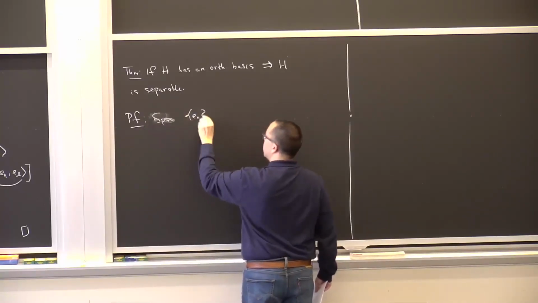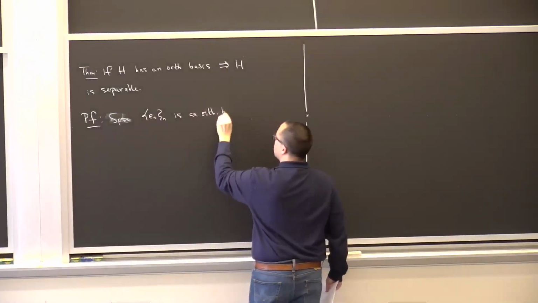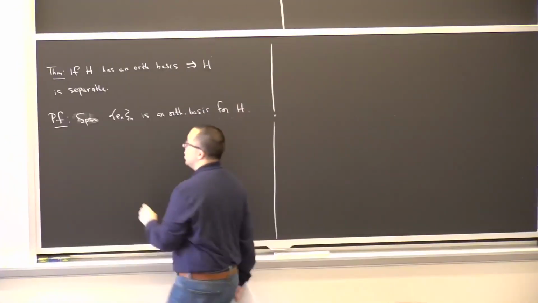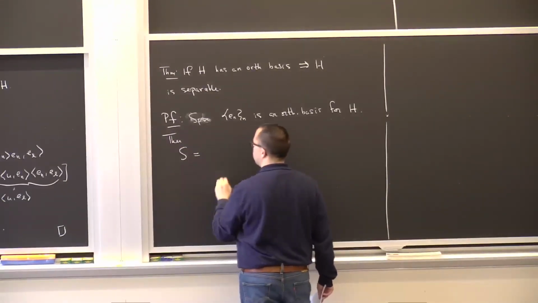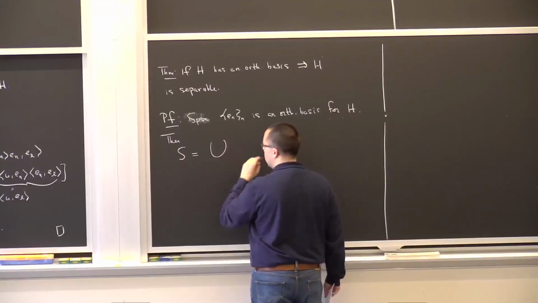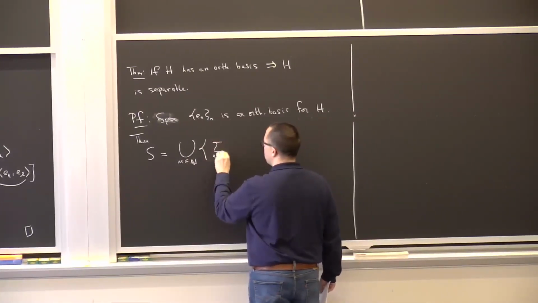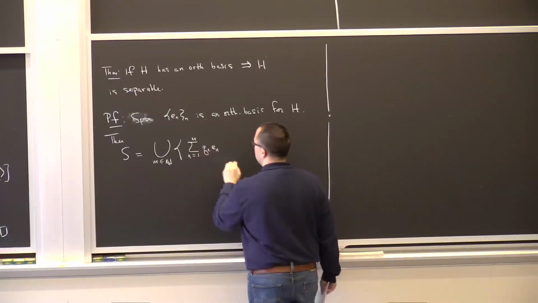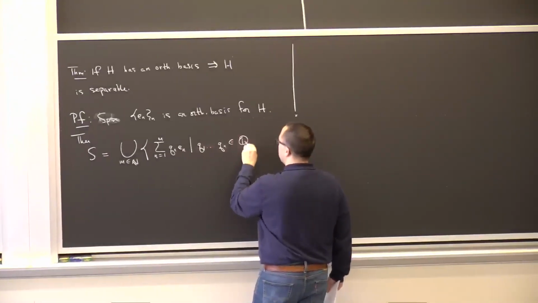Suppose En is an orthonormal basis for H, again a Hilbert space. Then I define S to be the union over all m, natural numbers, of elements of the form the sum from n equals 1 to m of Qn En, where the Qn are just rational numbers.